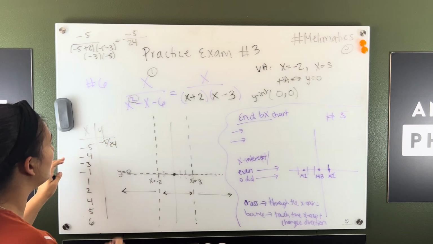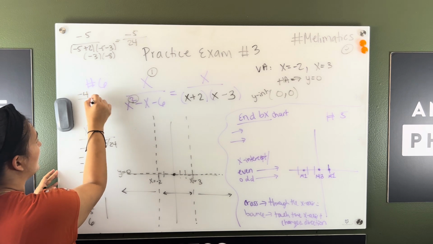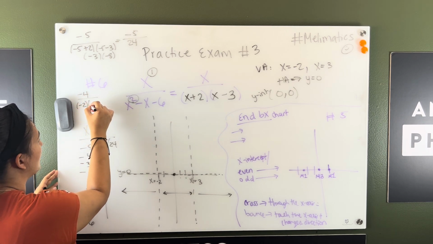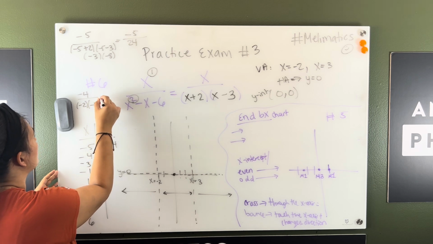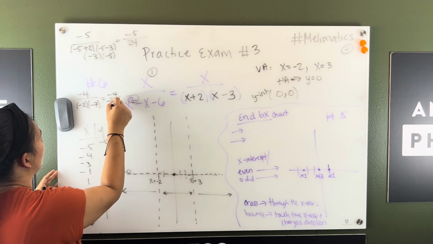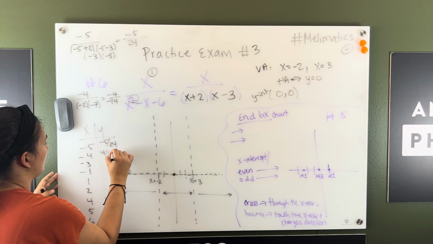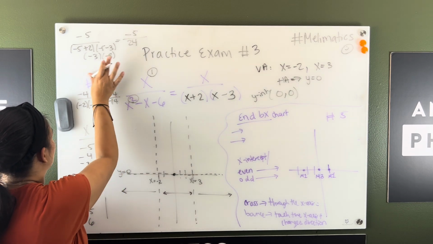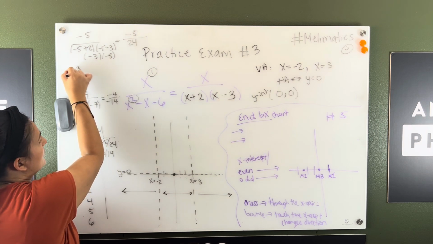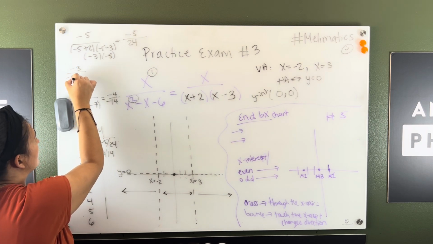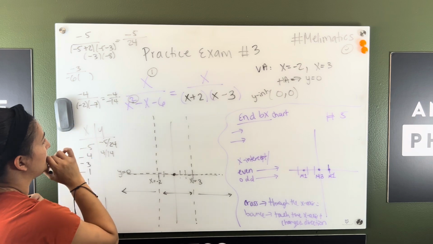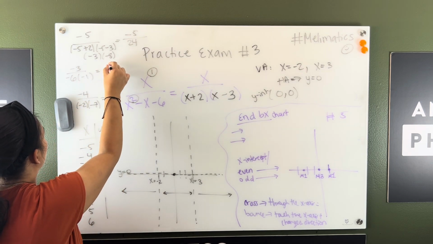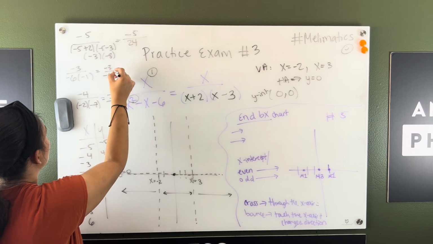All right, plug in -4. It's -4 over (-4 plus 2)(-4 minus 3). So it's gonna be -4 over 14, which is -4 over 14. All right, plug in -3. That'd be -3 over (-1)(-6).